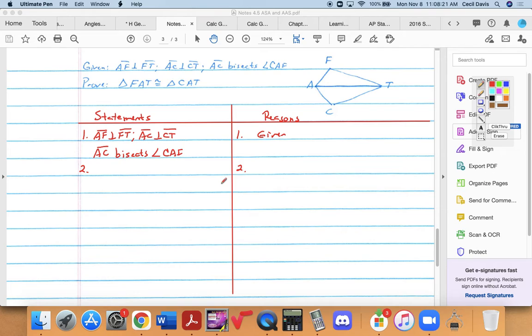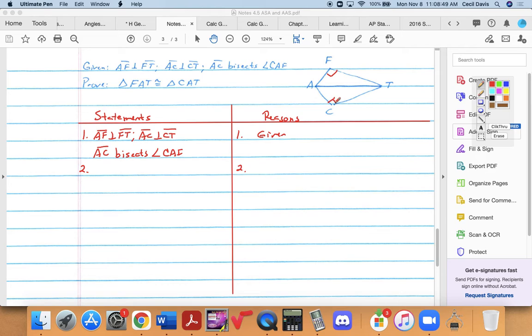Well, not quite, almost. What is the definition of perpendicular lines? It doesn't say 90-degree angle. It says something that's equivalent to that. What's a 90-degree angle called? A right angle. There we go. So we know that angle F is a right angle, and can we also infer C is a right angle as well?